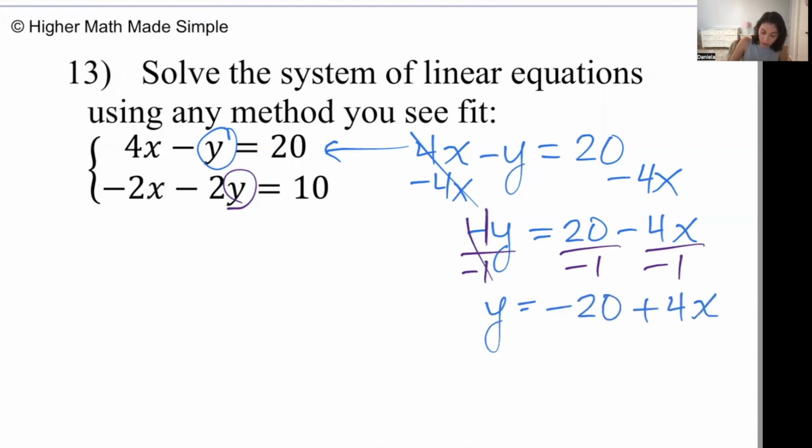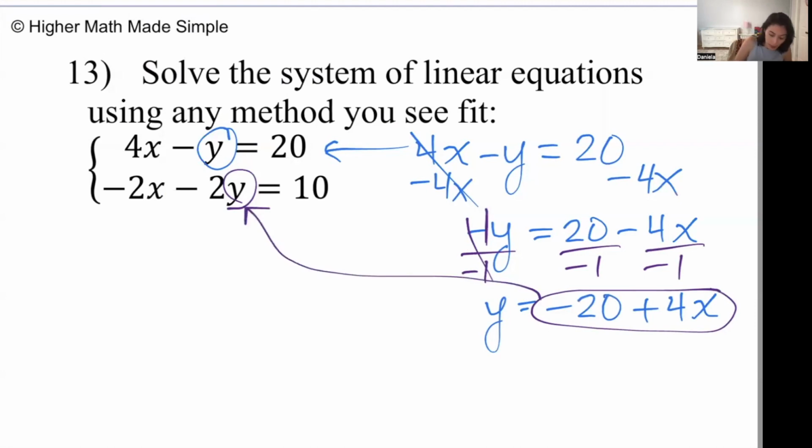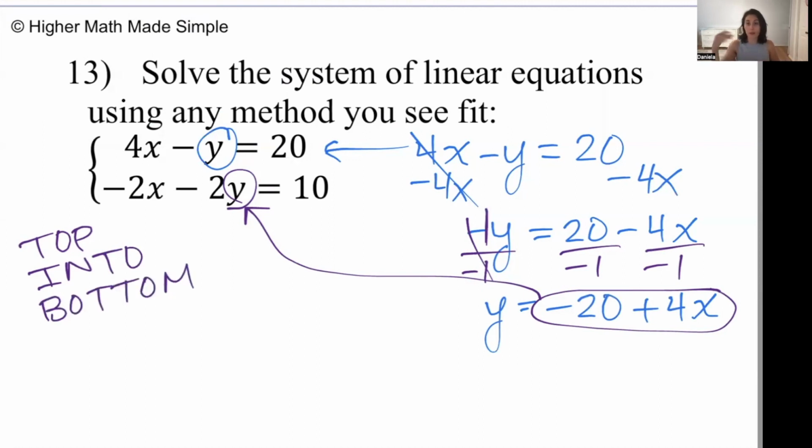So now that we know what y equals, not the exact value, but good enough that we can now make that substitution. What we essentially have done is plug the top equation into the bottom equation. In other scenarios, depending on the problem, you're going to plug the bottom into the top.